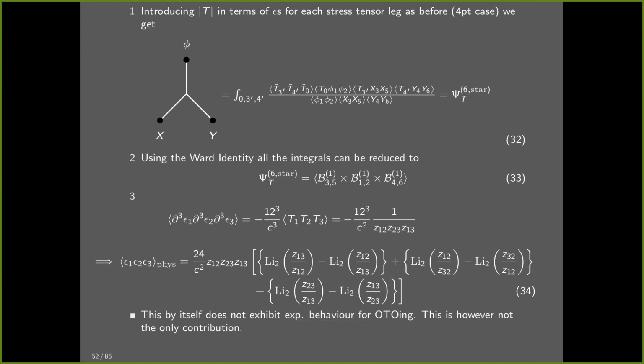Why do you expect a 6-point function to show exponential? You can do the same things for 6-point functions. You can do the i epsilon prescription for 6-point functions, which I'll show you. Exactly the same thing can be done, and you should expect the same thing.